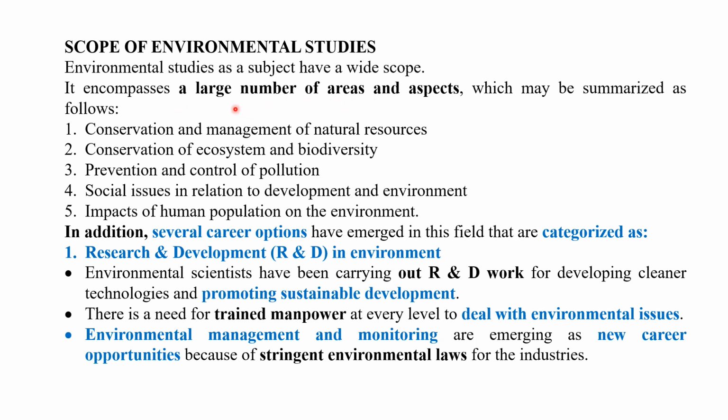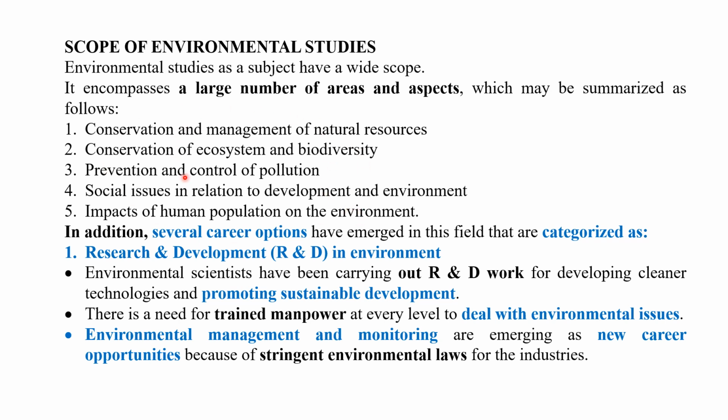For example, conservation and management of natural resources. One can carry out research in the area of conservation and management of natural resources, conservation of ecosystem and biodiversity, prevention and control of pollution, social issues in relation to development and environment, and impacts of human population on the environment.